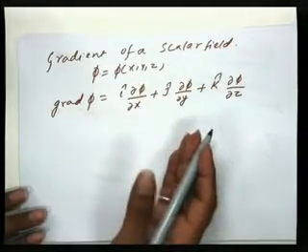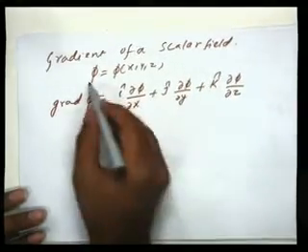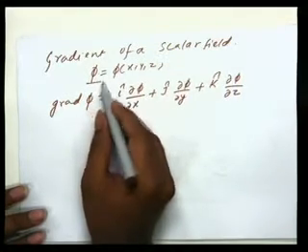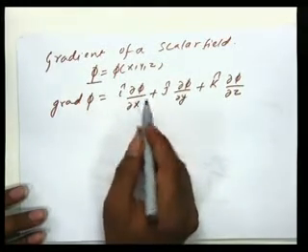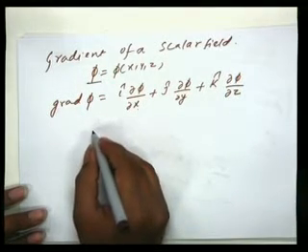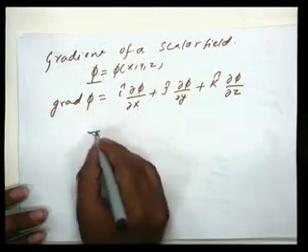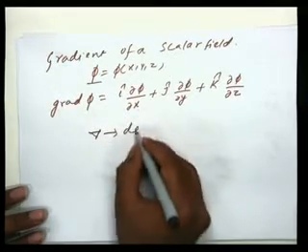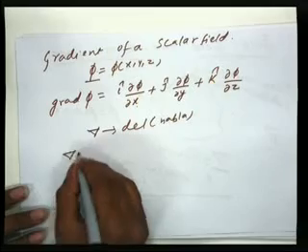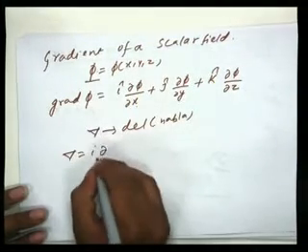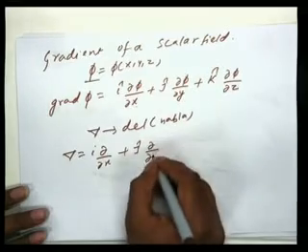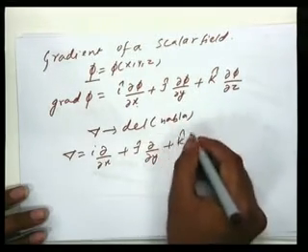From here you see that this vector, from the scalar field phi, is obtained only by operating an operator which is called nabla or del. You have also heard this operator called either del or nabla, and del is i cap ∂/∂x plus j cap ∂/∂y plus k cap ∂/∂z.